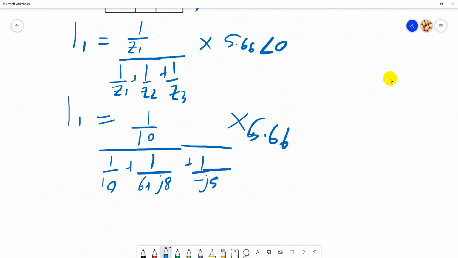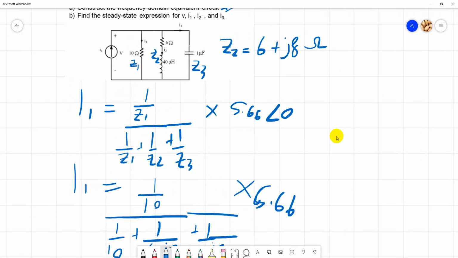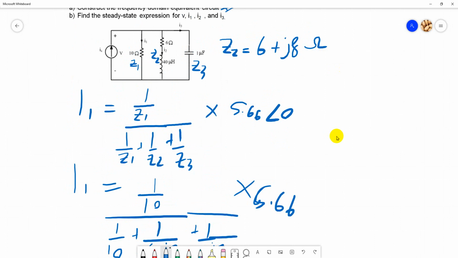So this is how to solve this using the current divider rule.